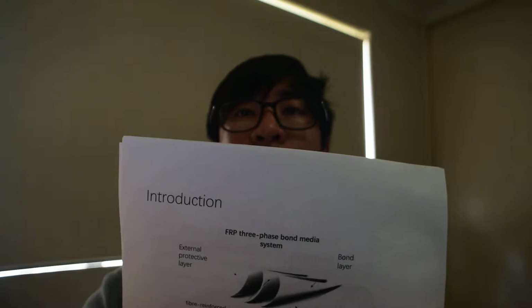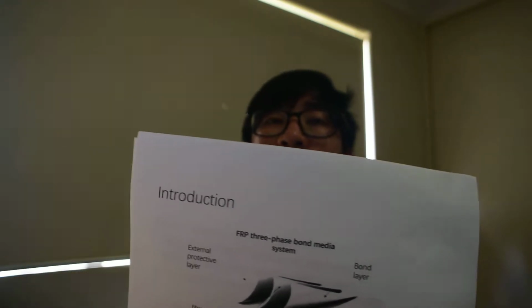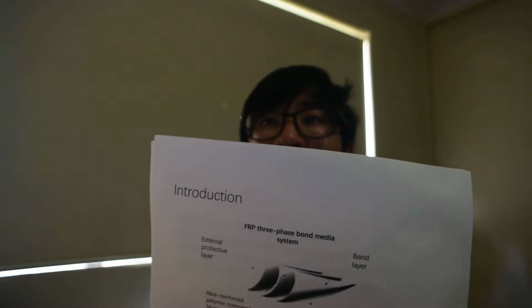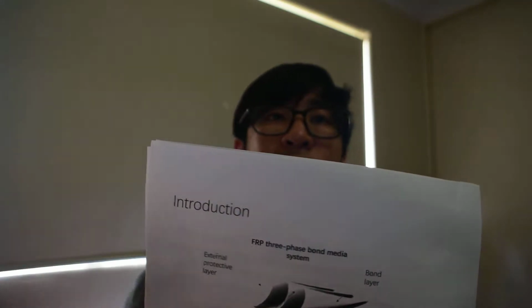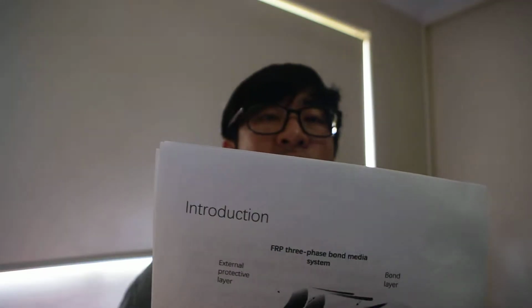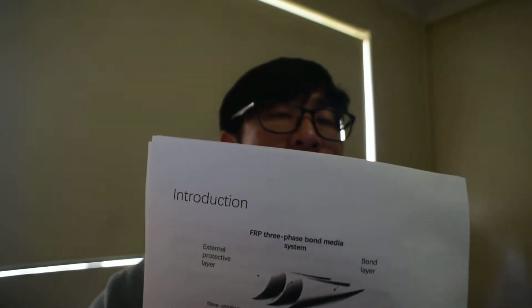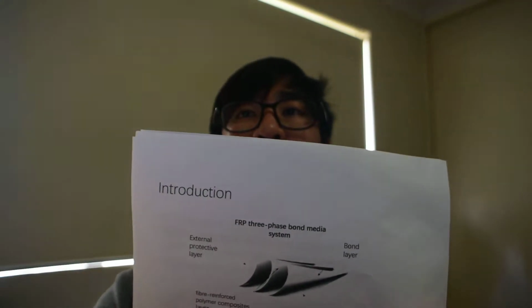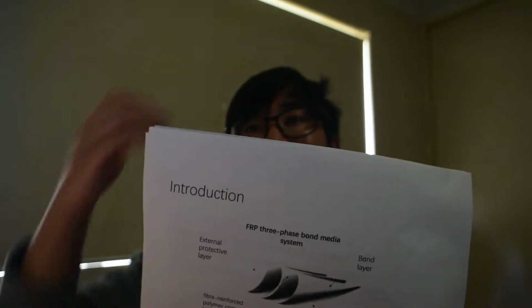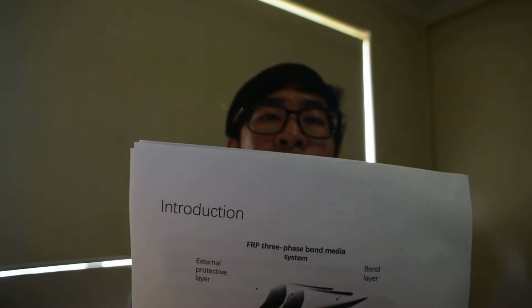The FRP and concrete interface is a three-phase bond medium system incorporating FRP, bond and concrete mixture. This picture shows the FRP three-phase bond medium system.